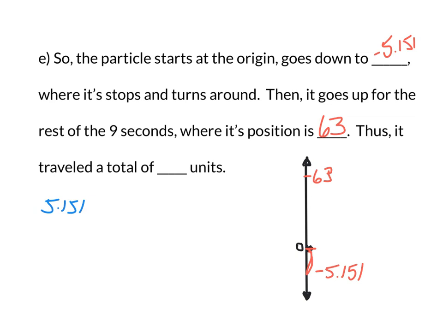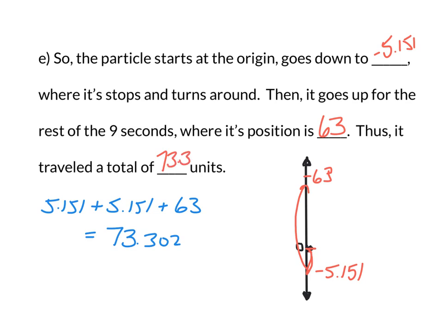After that, it turned around and went up to 63, which means that from that negative 5.151, it had to get back to the origin, which took 5.151 units, and then continue on to 63. Now, if we go ahead and add all that stuff up, we end up with 73.302. So thus, it traveled a total of 73.302 units.